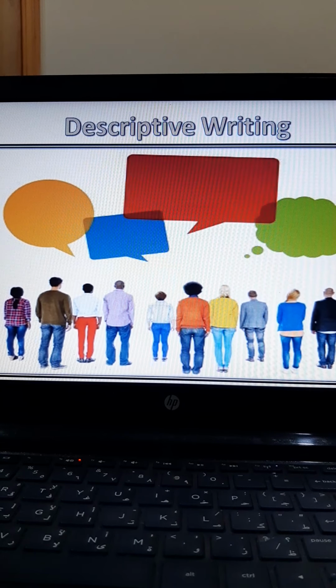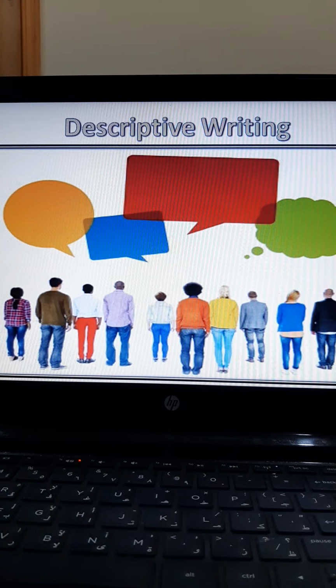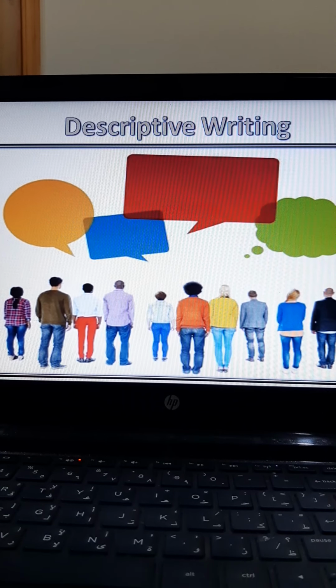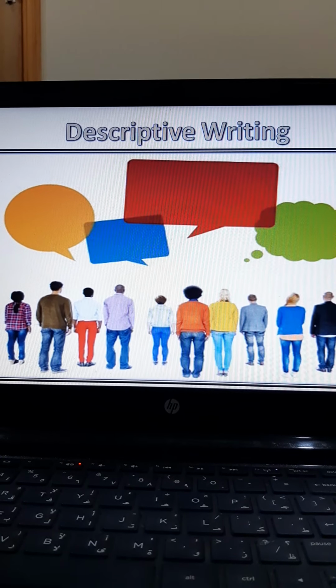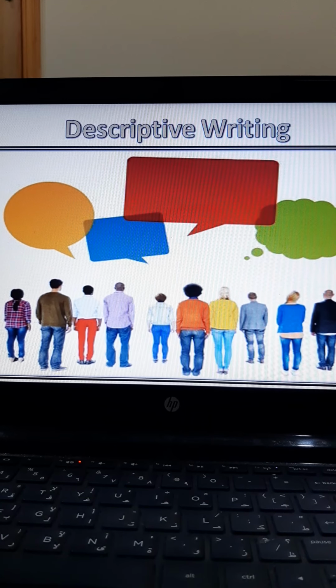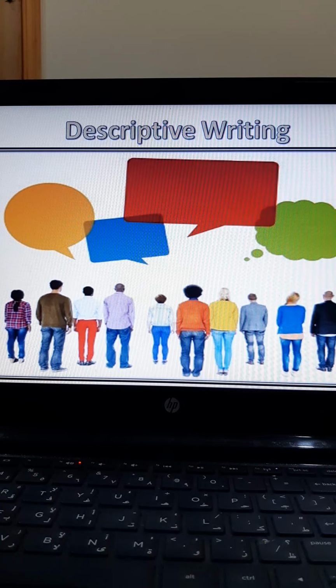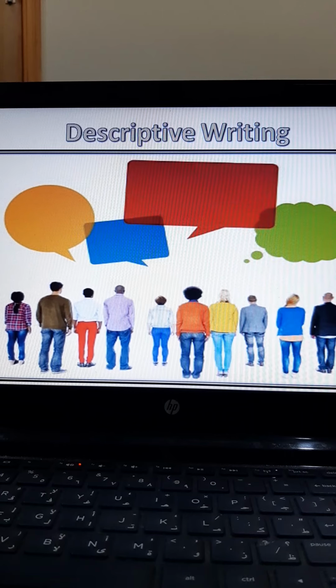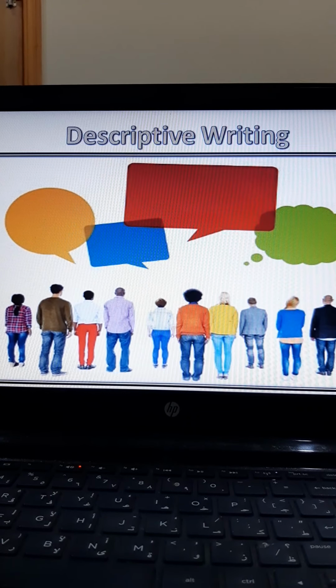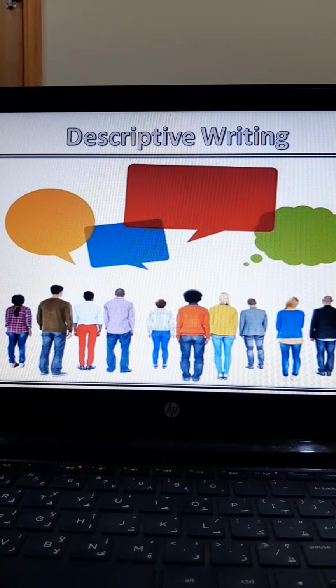Now, coming back to descriptive writing, what is descriptive writing in the first place? Or let's say, what is the purpose of descriptive writing? The primary purpose of descriptive writing is to describe a person, place, or thing in such a manner that a picture is formed in the reader's mind.